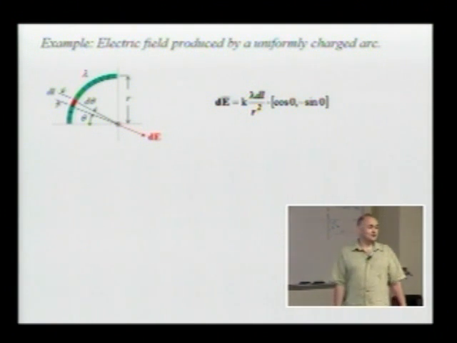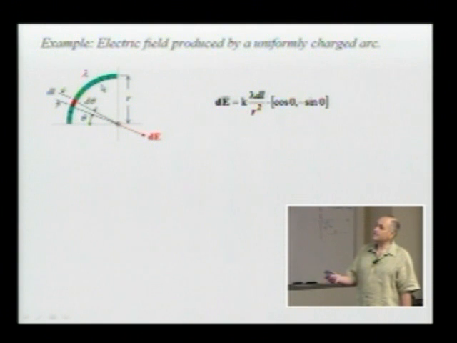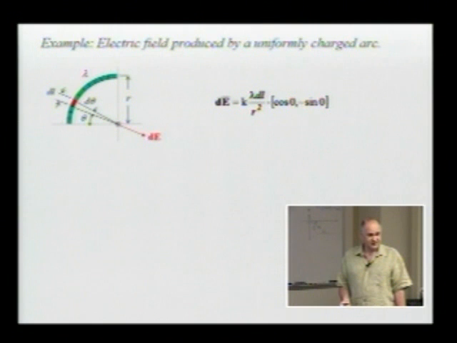Indeed, the magnitude, if I take the segment over here of the same length as the segment over there, both fields will have equal magnitudes. The directions won't be the same, but my question was, were the fields the same? Are the fields equal or not?